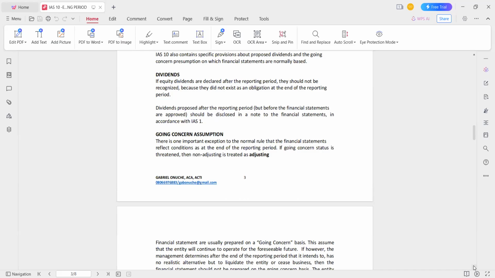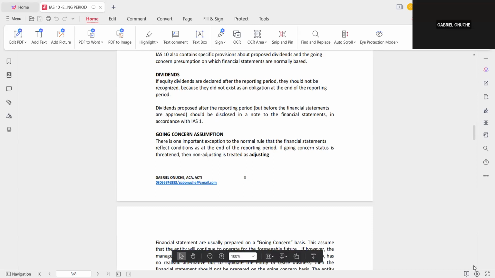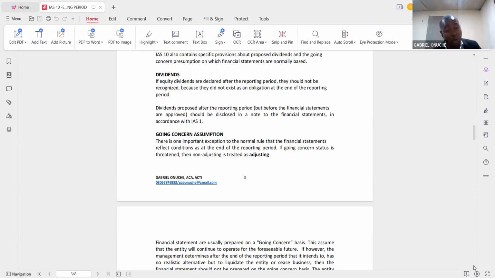If a company begins to see signs turning against it, and there is need for the company to wind up or liquidate, then if you go by the understanding that evidence needs to be at the end of the reporting period, you would classify this liquidation as a non-adjusting event. But that is why we say it's an exemption to the normal rule that financial statements reflect conditions at the end of the reporting period.